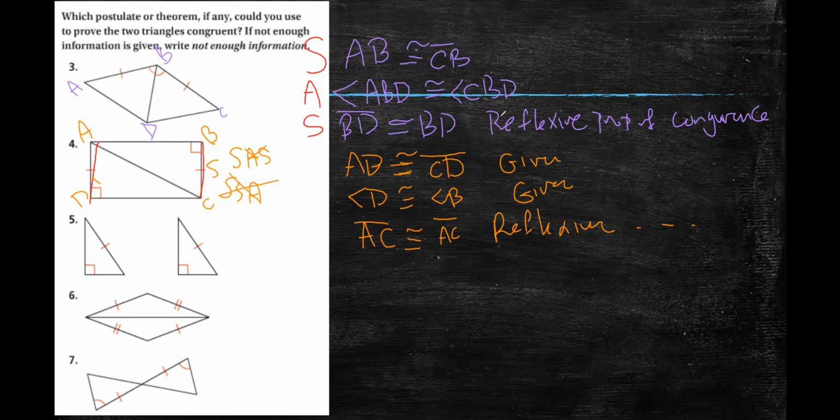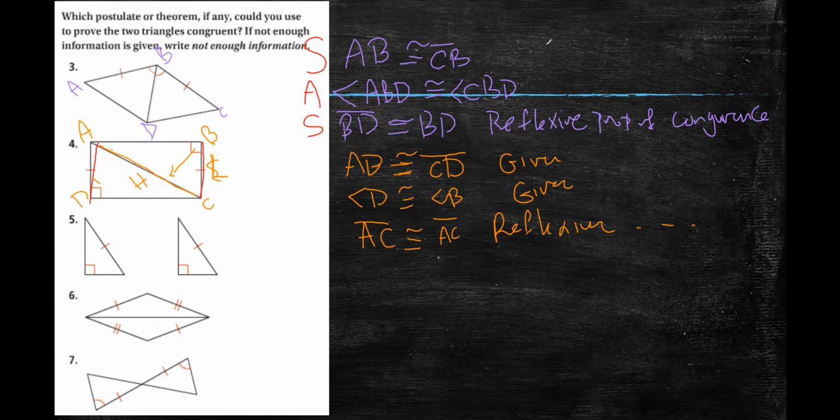Can I use HL theorem here? That means this is a hypotenuse because it's opposite to the right angle. So here I have a hypotenuse and I have here a leg. And we say that we must have three conditions to say that these two right triangles are congruent.